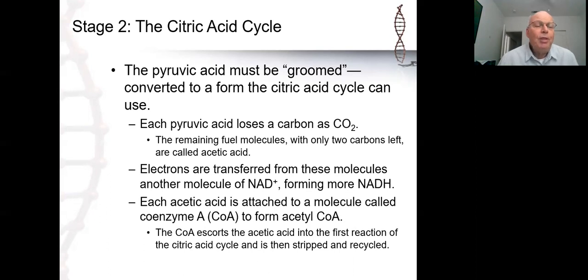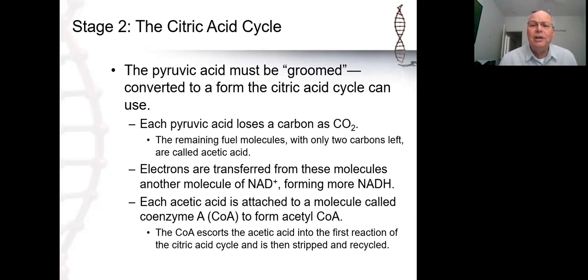There, the pyruvate undergoes a grooming process where one of the carbons in the form of a carboxyl group, an acid group, which is a carbon plus two oxygens, is removed. And a carbon plus two oxygens, well, that's carbon dioxide.